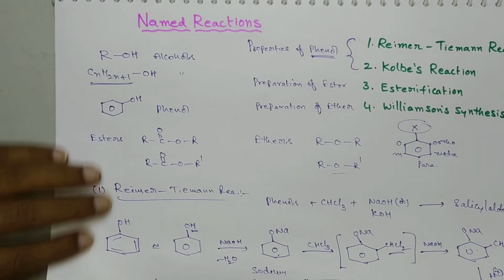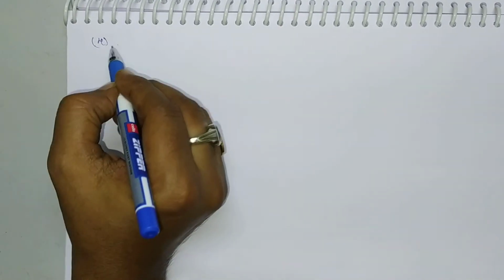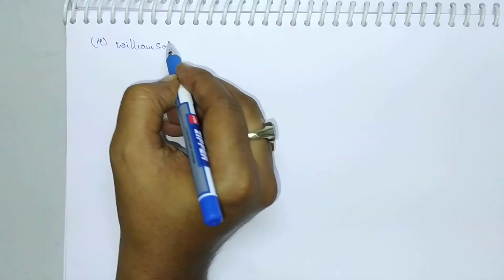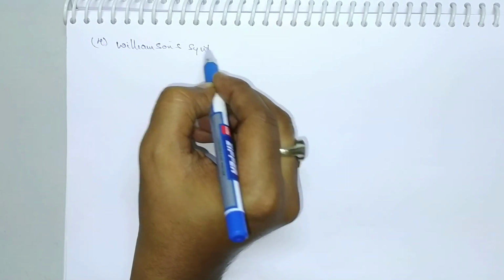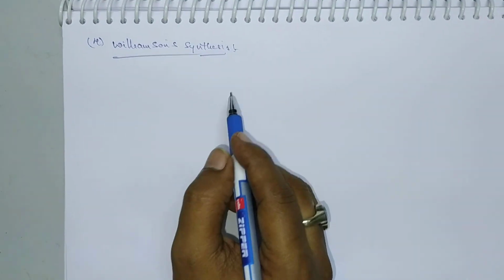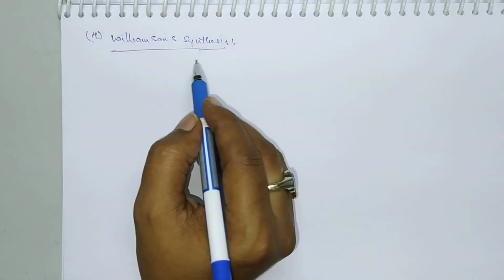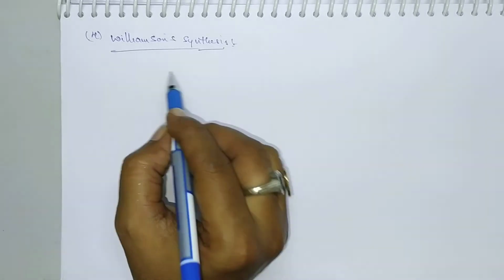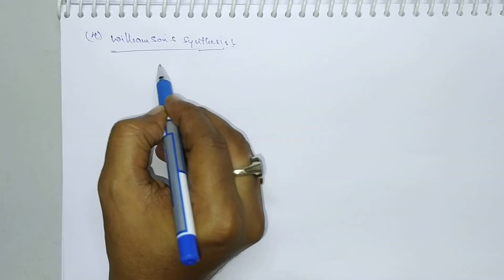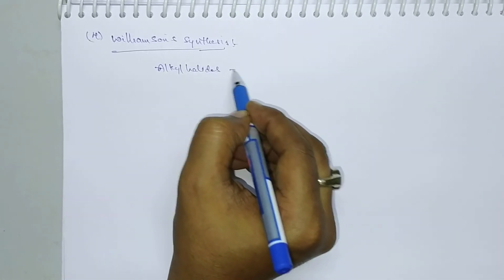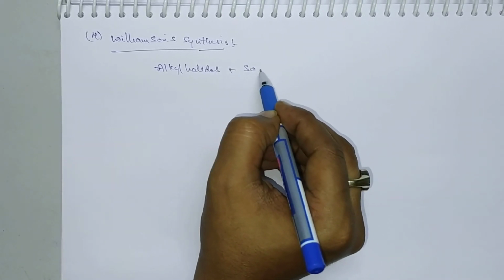The next one is Williamson synthesis. In this Williamson synthesis, we can prepare ethers. Ethers can be prepared by the reaction of alkyl halides with sodium alkoxides.